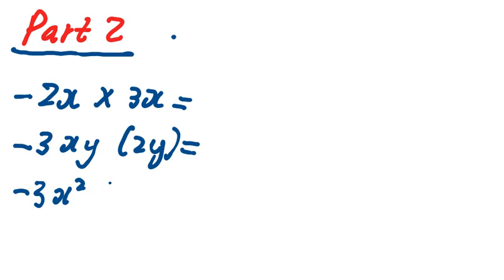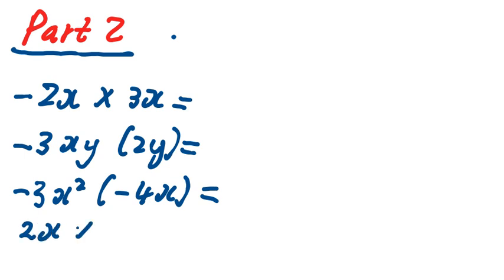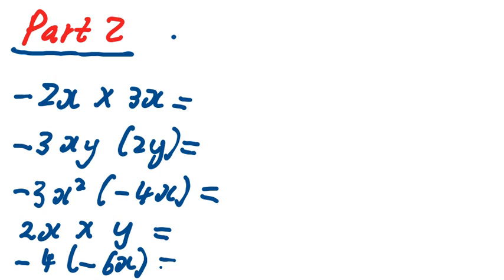X squared times negative 4x. Let me say negative 2xy times y. And lastly, negative 4 multiplied by negative 6x.